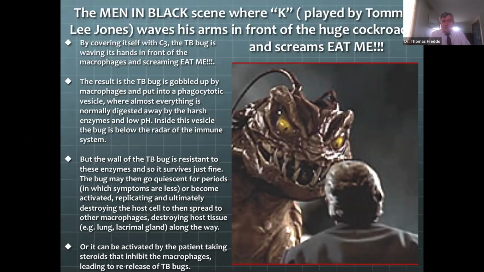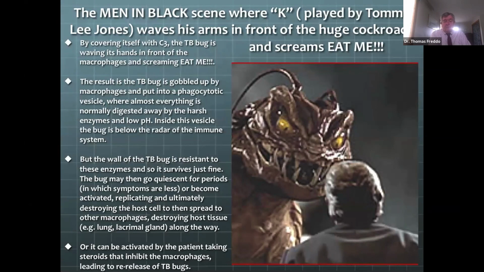And since the general assumption on the part of the body is that once you've entered one of those vesicles, you're gone and we don't have to really worry about you anymore, inside this vesicle, the bug is relatively below the radar system of the immune system.